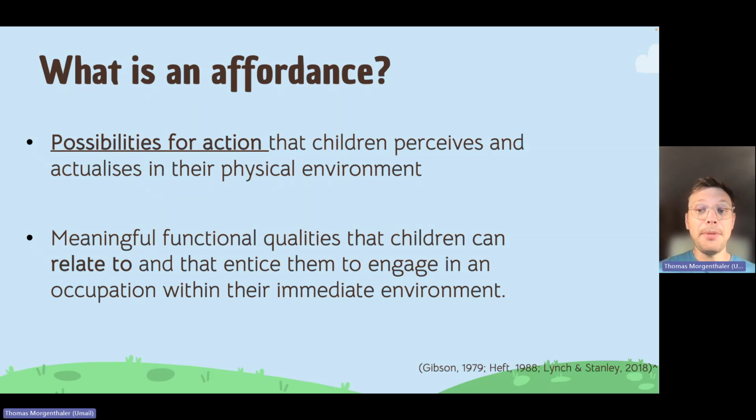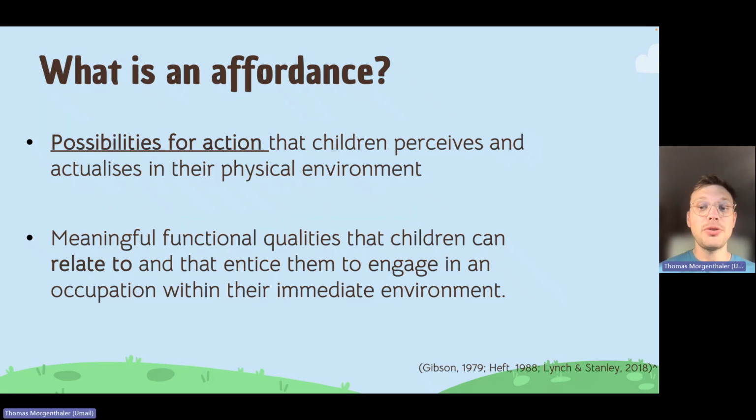You can think about affordances as a perceptual idea. Gibson described that how we perceive the world is what we can do in the world. In other words, affordances are possibilities for actions that a child is first perceiving and then may actualize.